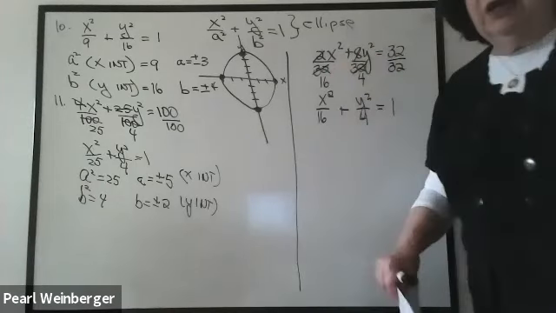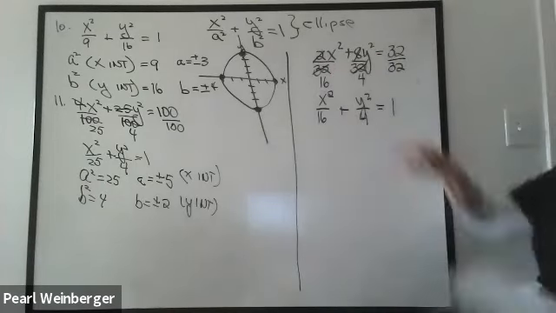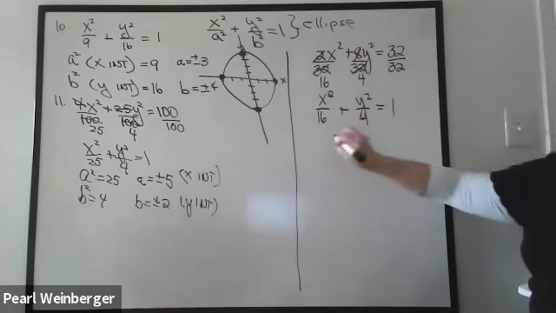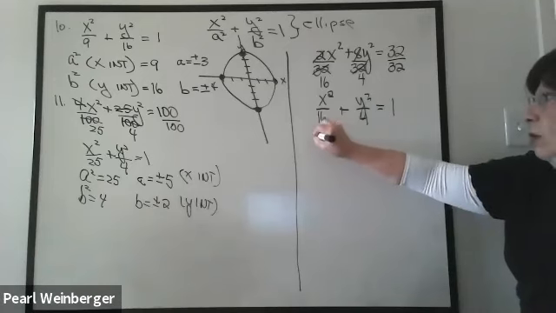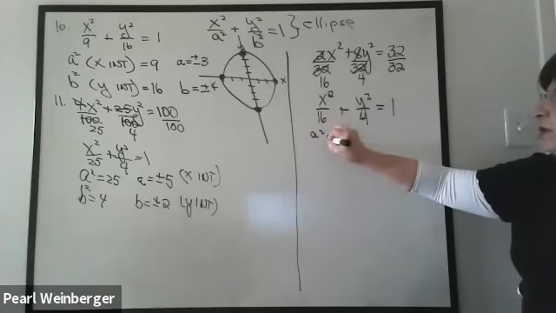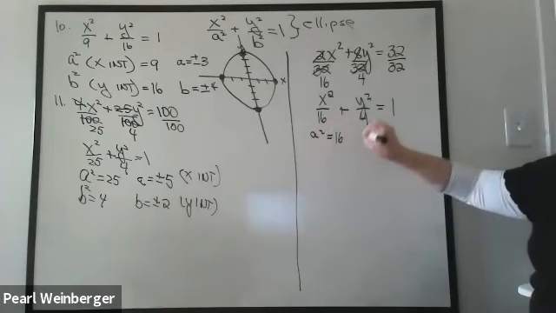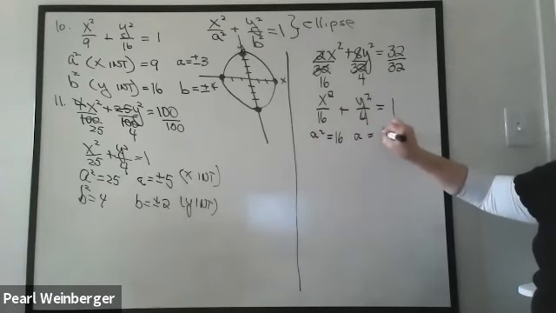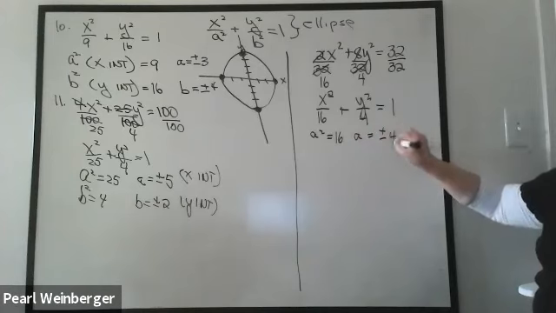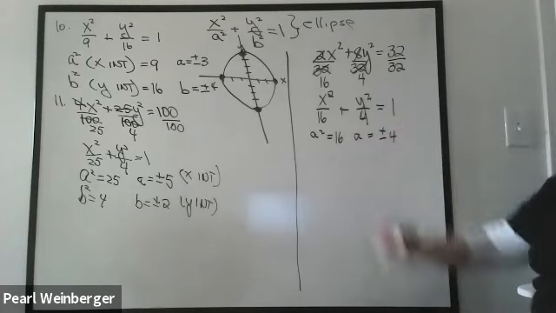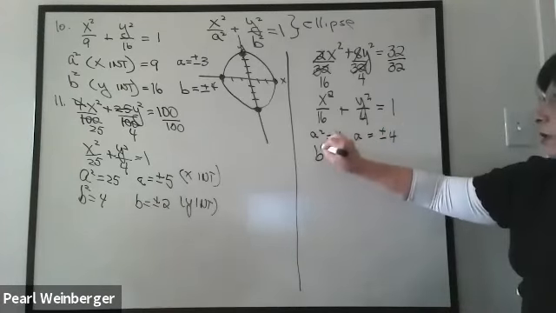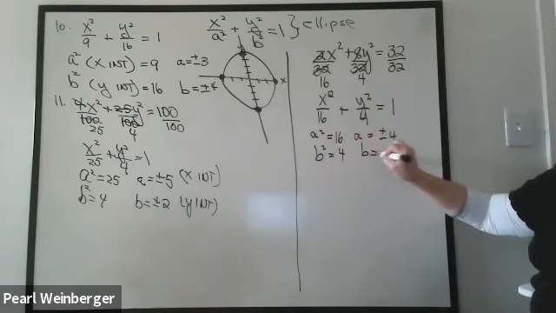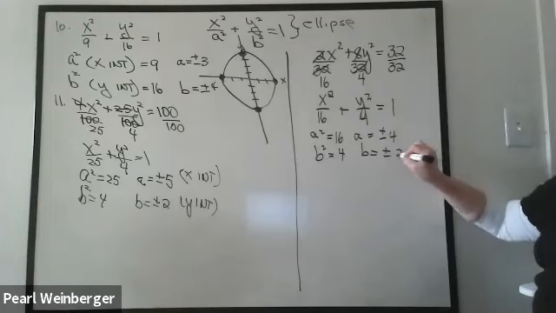Notice this was a little bit more complicated or tricky because these numbers didn't just switch. But once you have it in standard form, you can again say, well, my a squared is 16. So my a, which are my x-intercepts, are either plus or minus 4. And my b squared is 4, which means the b is either positive 2 or negative 2.